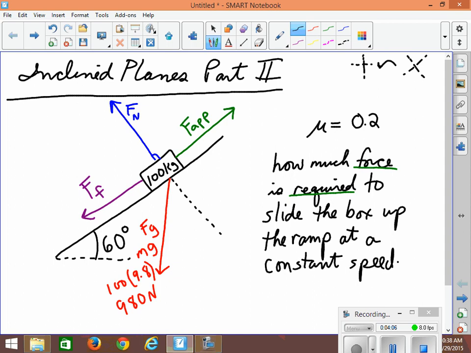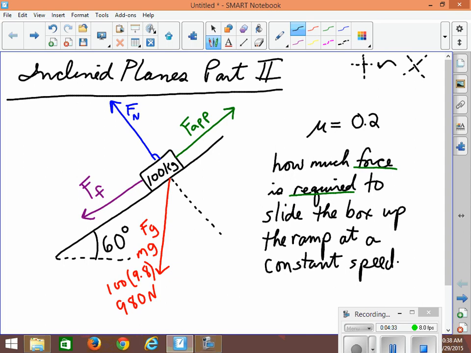So vertical now means along the y-axis, or perpendicular to the ramp, and horizontal means up and down the ramp. The beautiful thing about this is three of our forces, the friction, the normal, and the applied, are all entirely on one or the other. The normal is all uppy-downy, while the applied force and the frictional force are both lefty-righty forces.